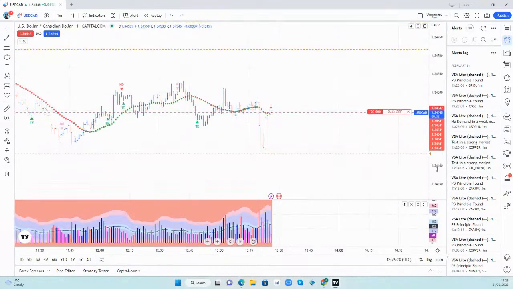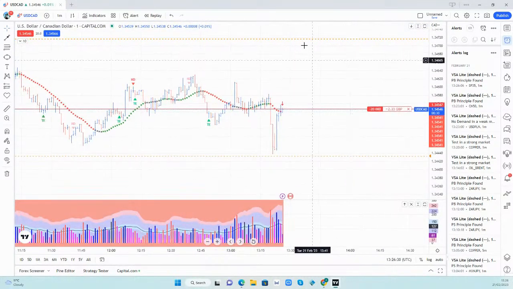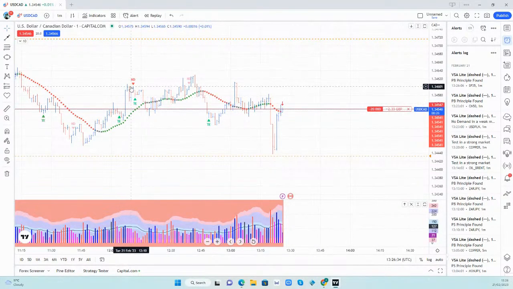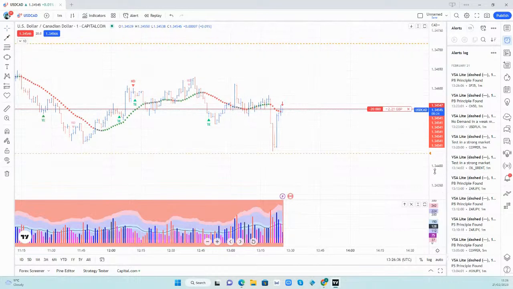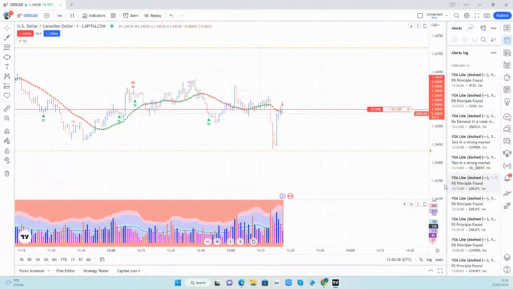The reason I've gone short is I'm below the trigger line, got sign of weakness, got no demand, and I just want to experiment this in the news as well, and just to show everyone not to do, because of the volatility, not to be in a trade. But I can see that there's definitely weakness there.